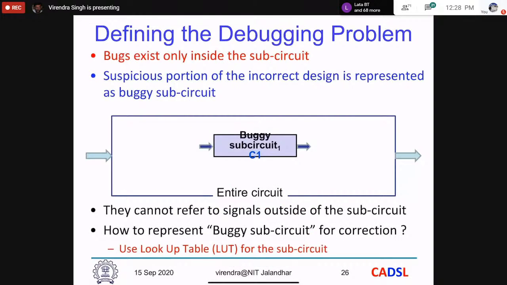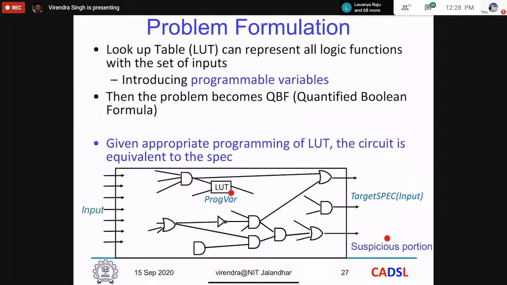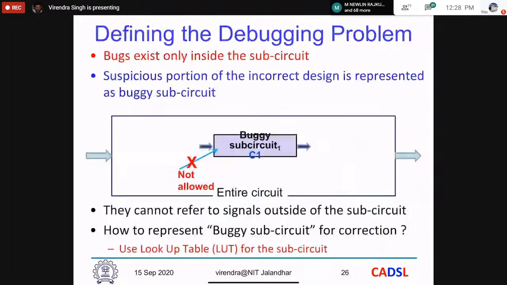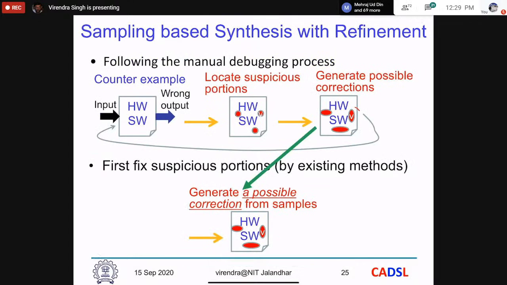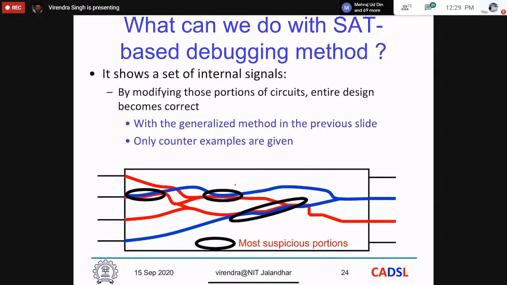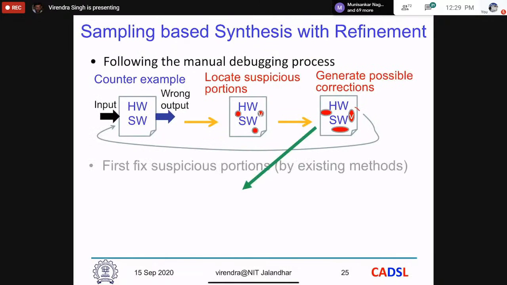So maybe what I can show you is, if I assume that my bug exists from this one, I localized where my bug is.